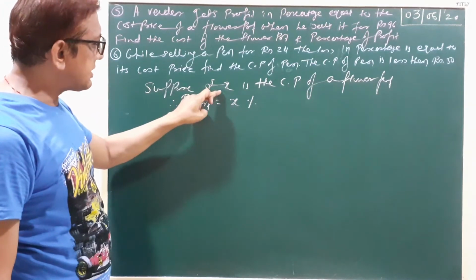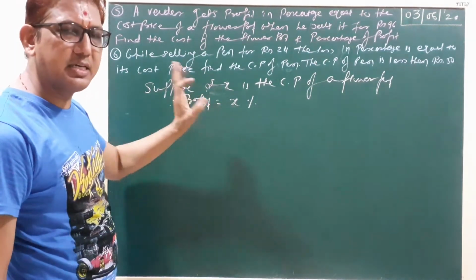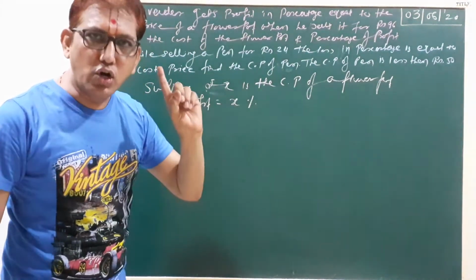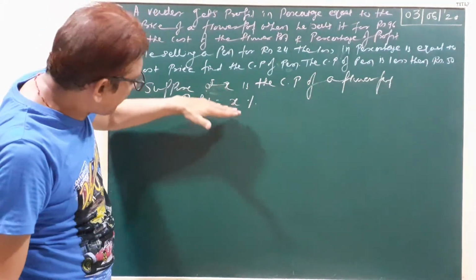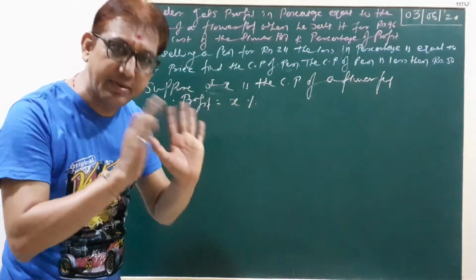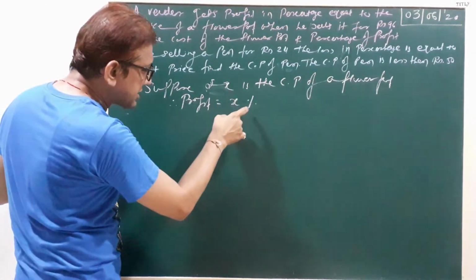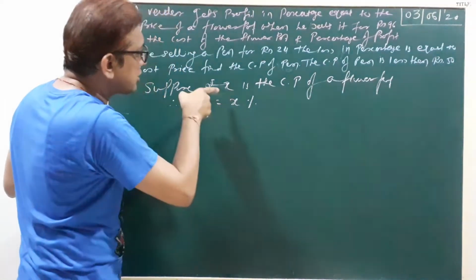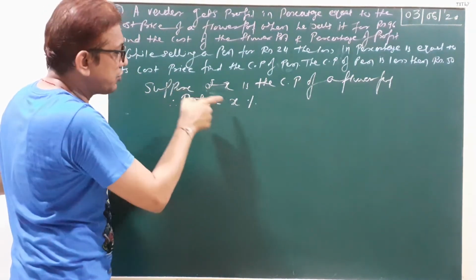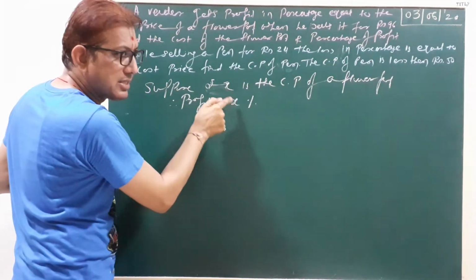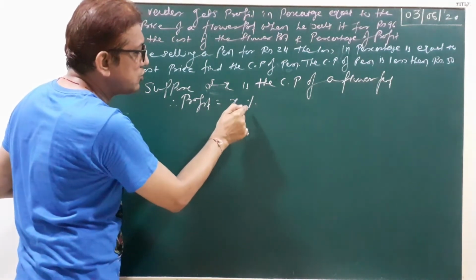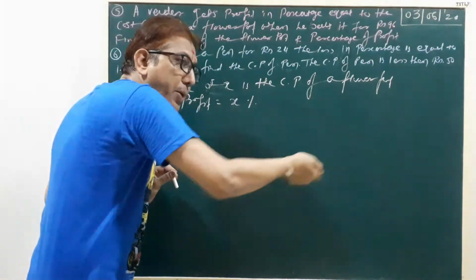Cost price and profit percent both are the same. Clear? Okay. Now here we convert percentage to rupees, because here the unit is rupees. So here we cannot compare these two, so we convert this unit percentage to rupees.